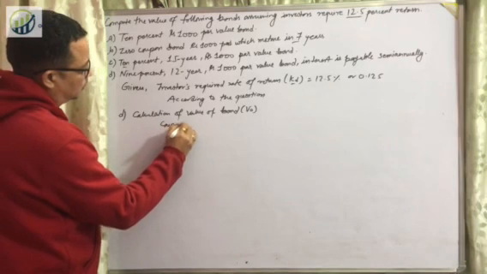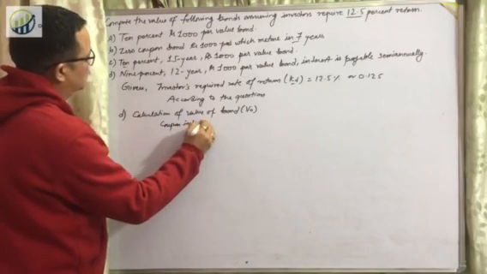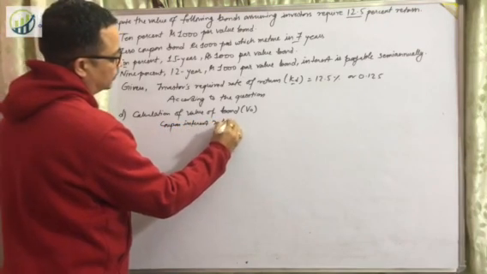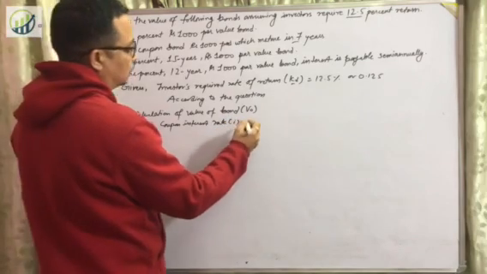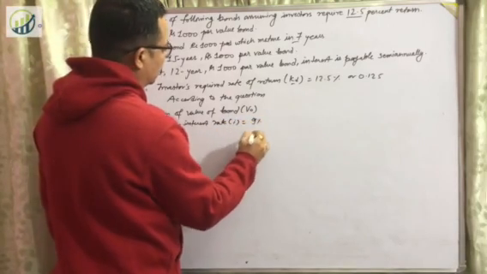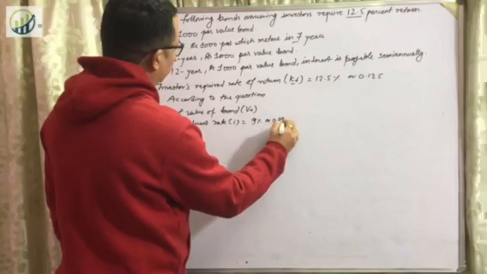Coupon interest rate, this is your 9%, or you can write 0.09.